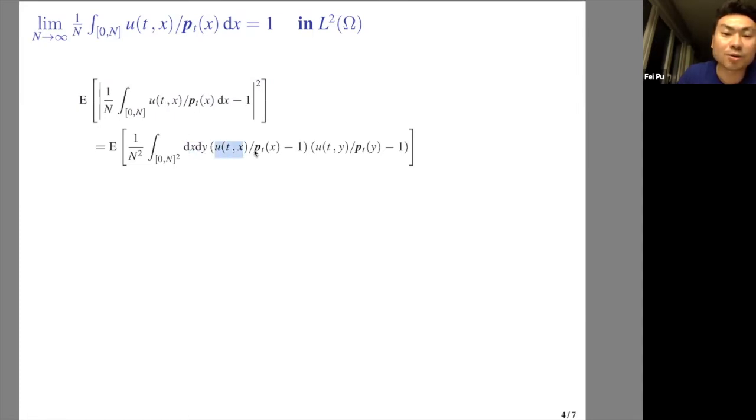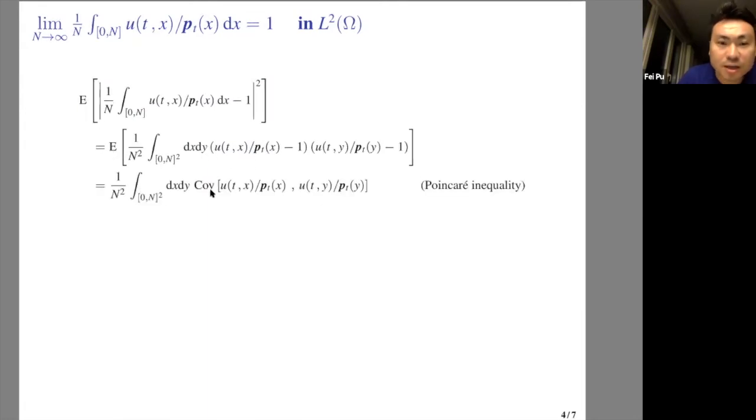Then in the integrand, we have the product of these two variables. Moreover, we can put the expectation inside this integral, and that gives us the covariance between these two variables. And now for the covariance, we can use the previous Poincare inequality to estimate.